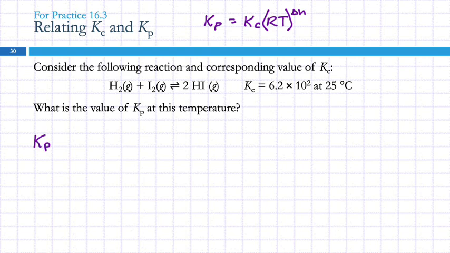So Kp is going to equal Kc, which is this guy right here, 6.2 times 10 to the second, times R. What R do you think we're going to use here? 8.314 or 0.08206?